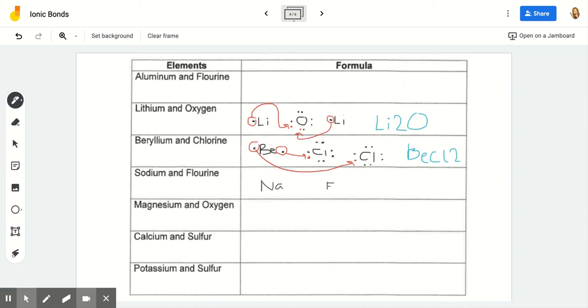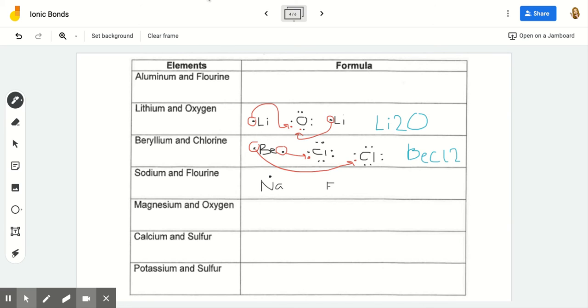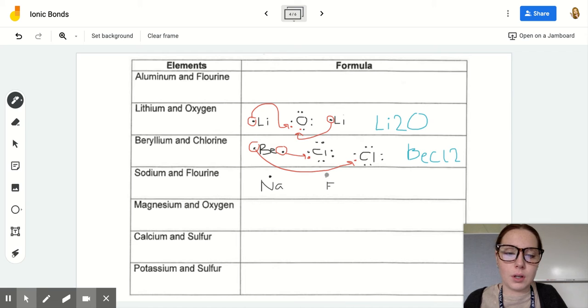So it has one valence electron in the first column. And then fluorine, which is F, has 7 because it's in the 7th column, 7th group. So 1, 2, 3, 4, 5, 6, 7.